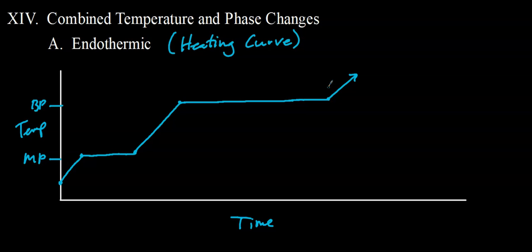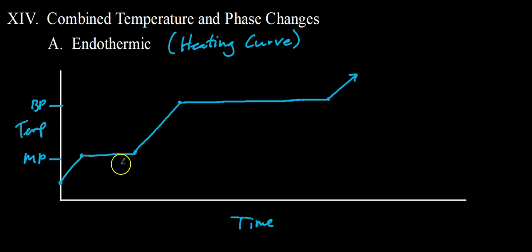Something else that's important is you need to know whether the substance is undergoing a change in kinetic energy or a change in potential energy. So where the temperature is changing, this part here and this part here, involves changes in kinetic energy. And we could use the specific heat to calculate how much energy the substance has gained.